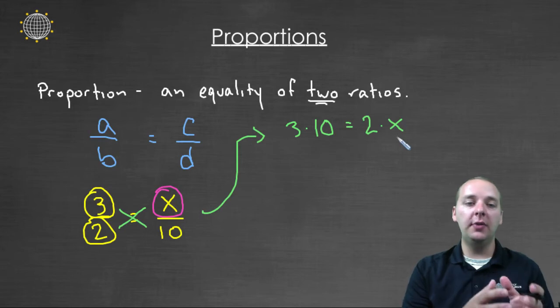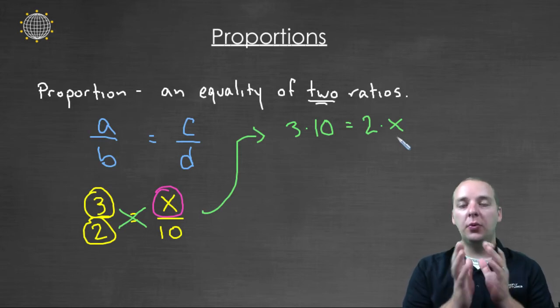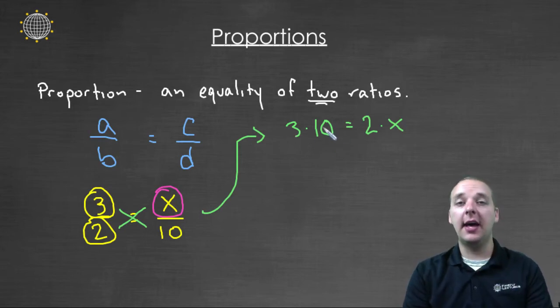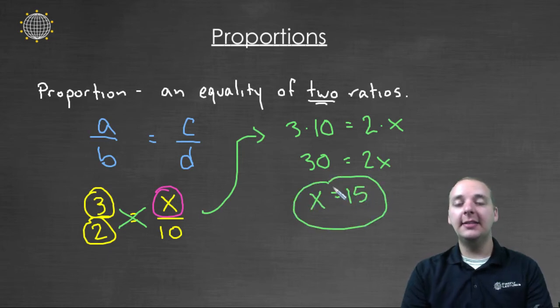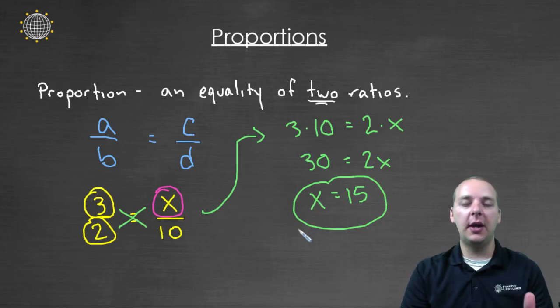So that's an equivalent equation, but the reason I like this one is that it doesn't have any fractions. So if 30 equals 2x, divide both sides by 2, and x equals 15. And that's the same answer that we got before, but we got this one in a much more systematic way.